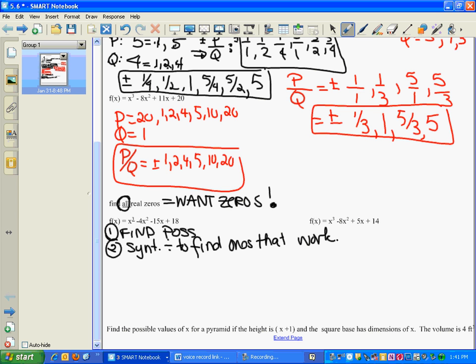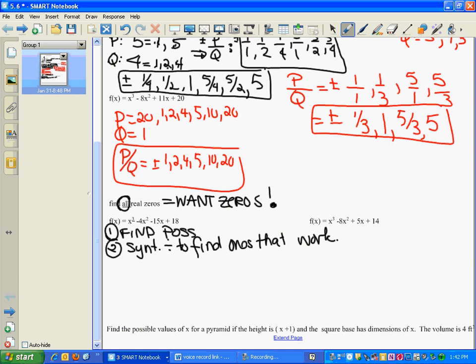So if I have a cubic and I find one, then I'm left with a quadratic. And guess what you can use on the quadratic? So what I'm not doing now that I did yesterday is giving you one to start with. You have to find the one to start with. Do you understand the difference?